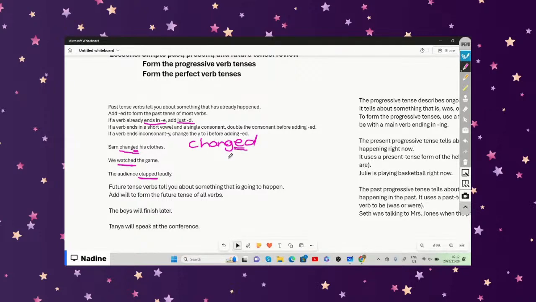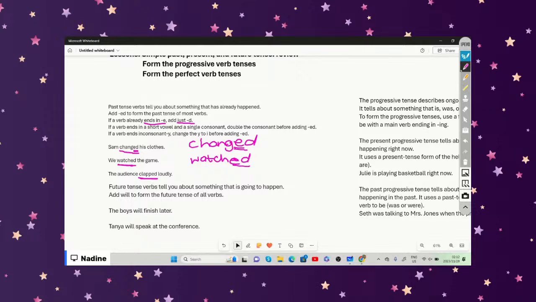Whereas in the case of watch, we added an ED to that specific word in order to show the past tense. So if the verb ends in an e, we just add a d.